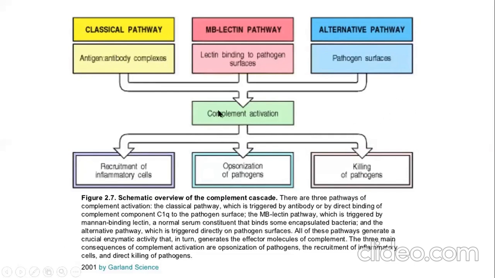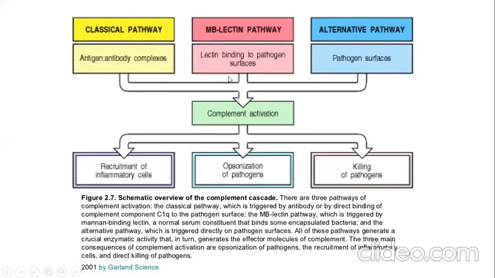Coming on to the alternative pathway, they also do the same thing, but they don't involve antibody. They use pathogen surfaces. They again trigger a specific complement cascade that may be different, with different molecules involved, that we will see. The MBL lectin pathway also involves lectin binding on the pathogen surfaces, but the cascade involved is almost similar to the classical pathway, though this pathway has a different cascade, we will see.